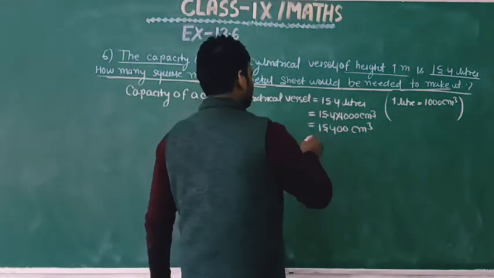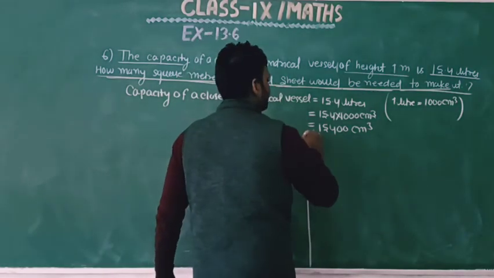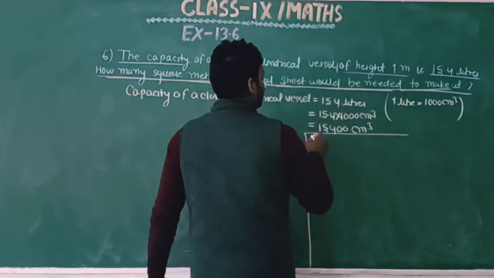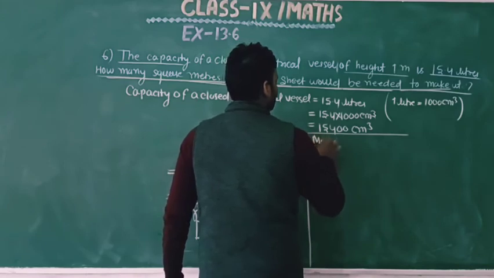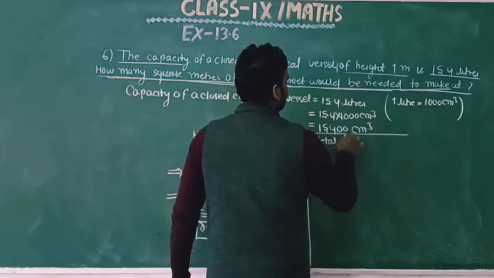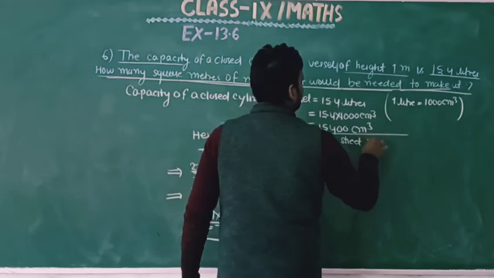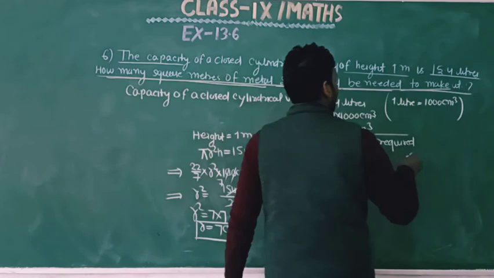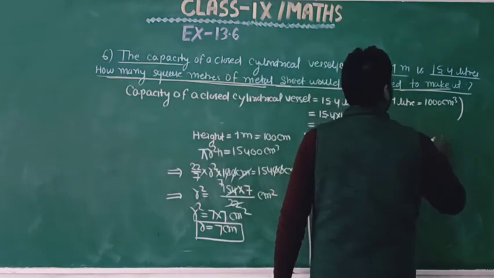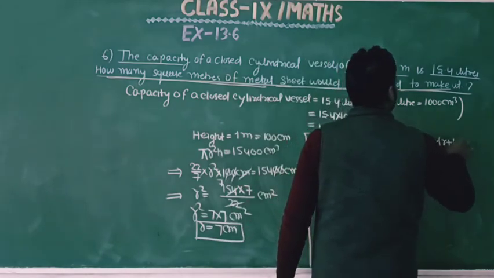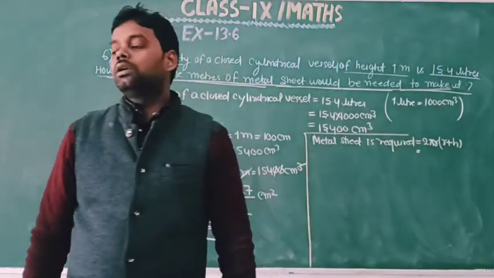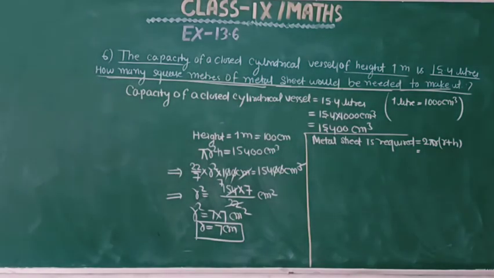The metal sheet required is equal to 2 pi r in bracket r plus h.